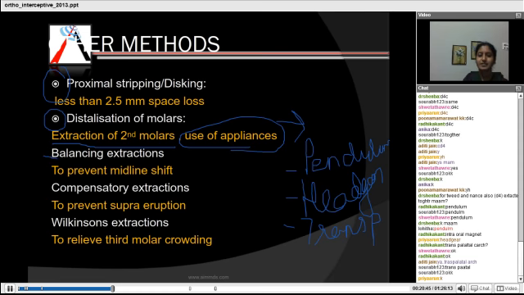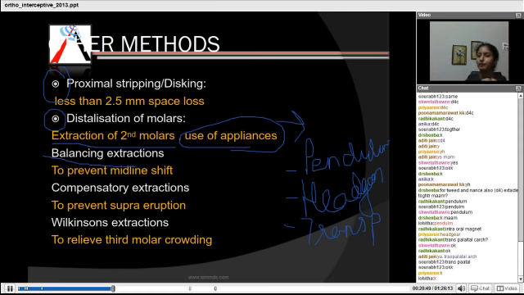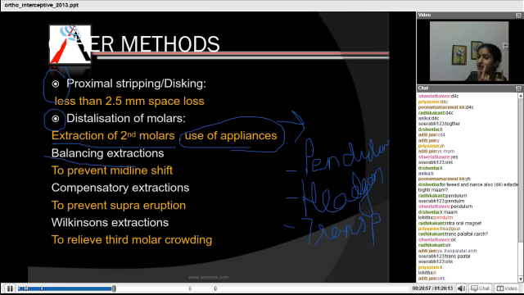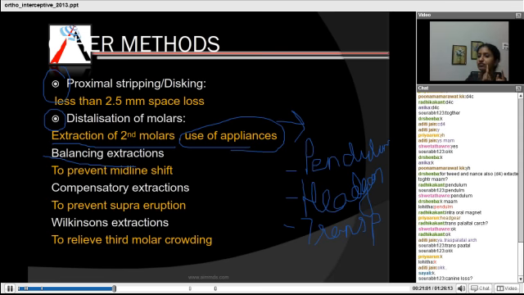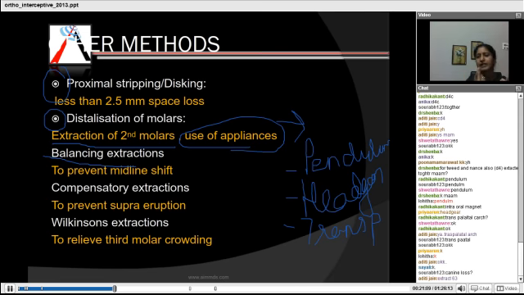Okay, next is balancing extractions. Now, if a question says that there is no crowding, there is not much space loss either, but C, 5-3, is lost, and there is a small midline shift.